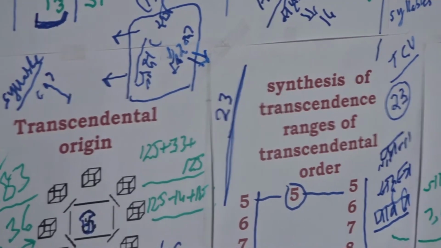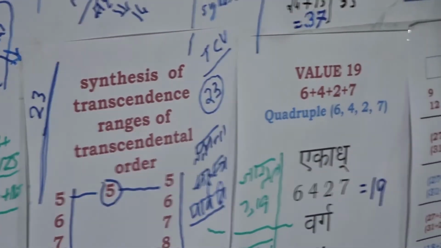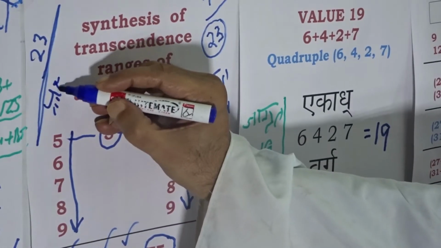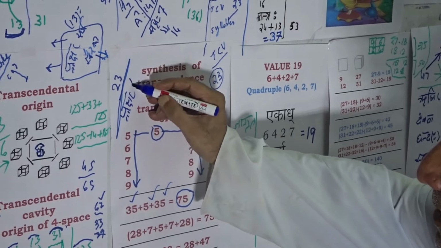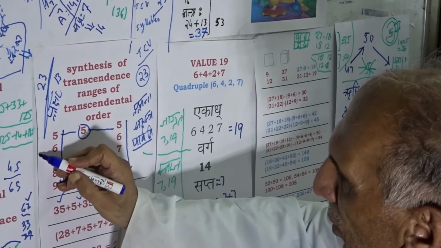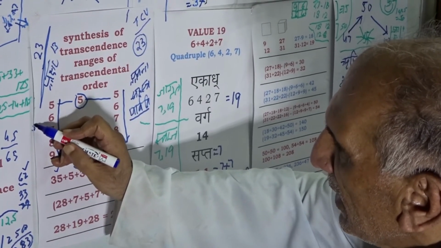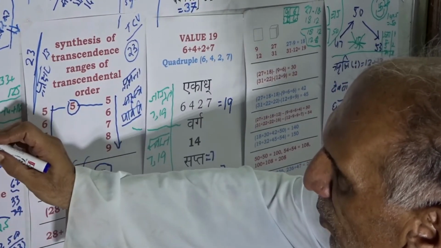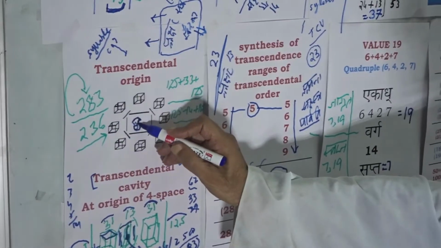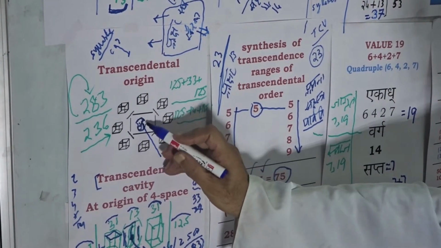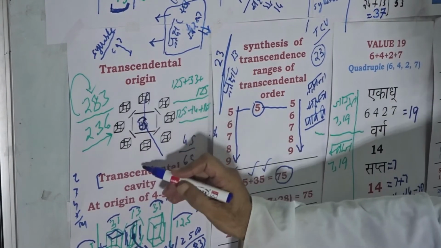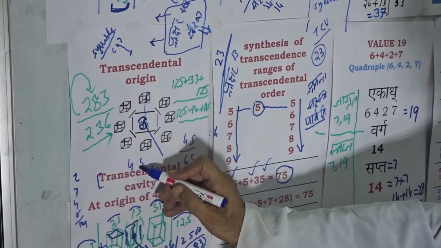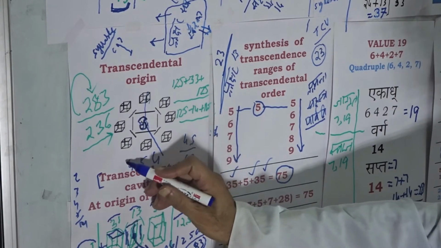Now syllables would mean an akshar, and akshar is of TCV value 13, and 13 is the value we know that when the transcendental domain means the 5 space as an origin, when it transcends out, it splits this domain into 4, 5 and 4 of value 13.